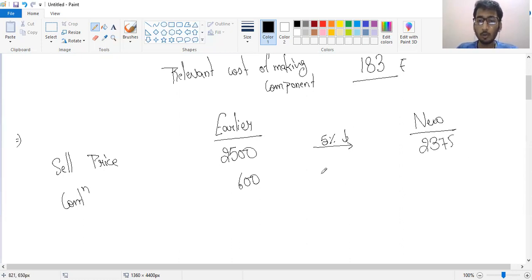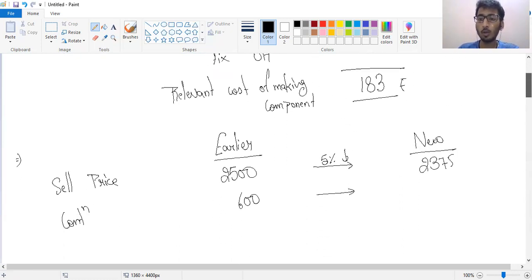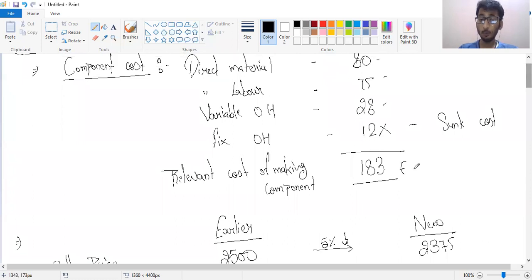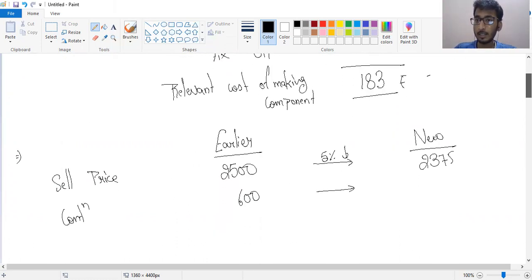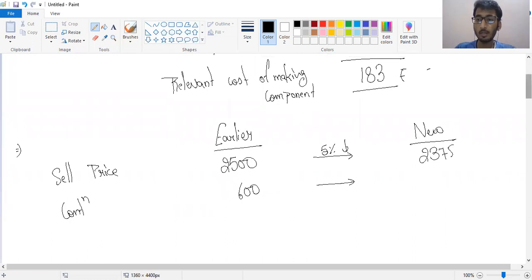And the contribution, we need to calculate it. Why do we need to calculate the contribution? If we are making the component in-house, we have a relevant cost of 183. And since we have the cost of buying the component at 190, I can say that in this 600, the 190 is included.